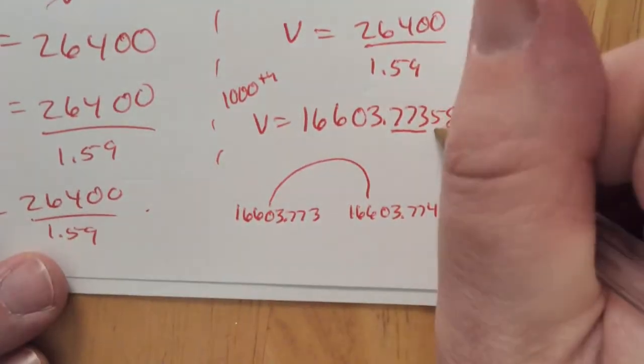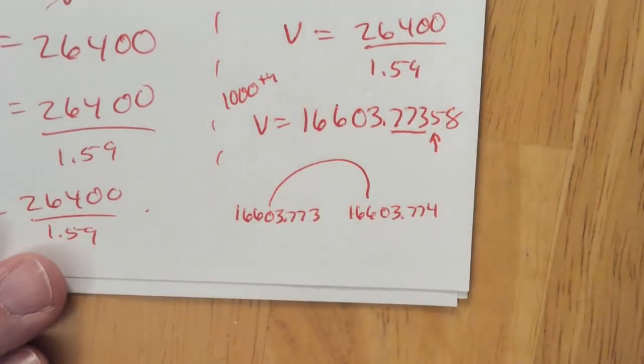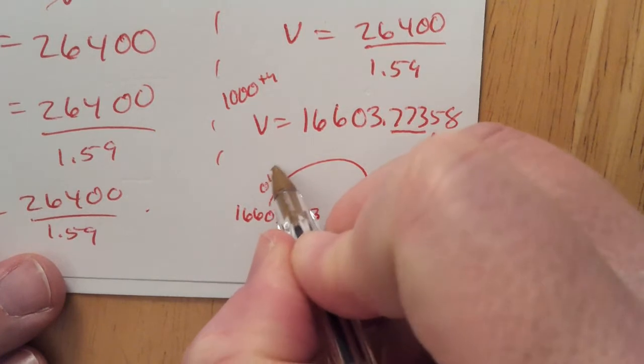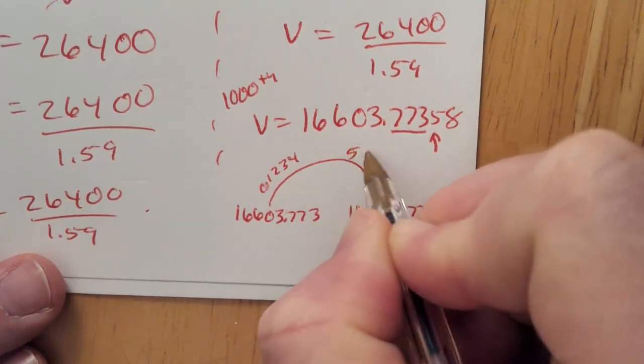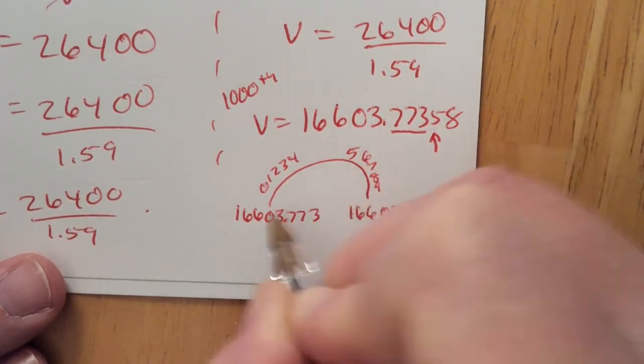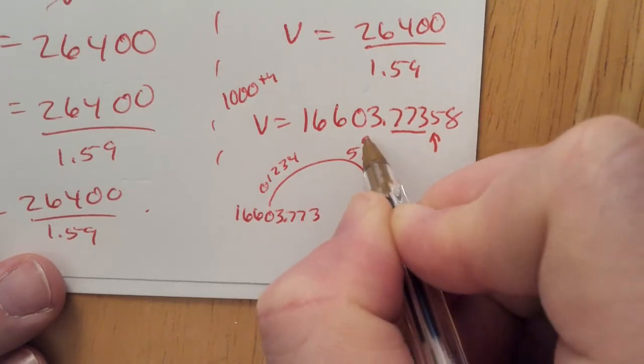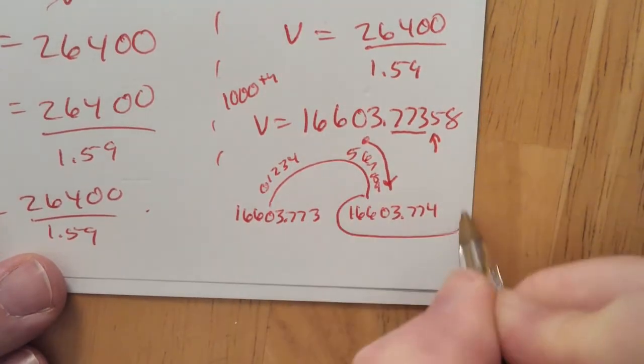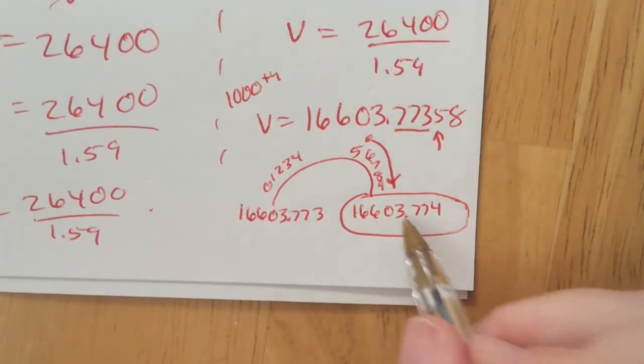Okay, that decision is made by the number after all of our stuff. A 5. 0, 1, 2, 3, 4 versus 5, 6, 7, 8, 9. I would take the ball, go to 5, drop it, it would roll to the next number. So that is our answer.